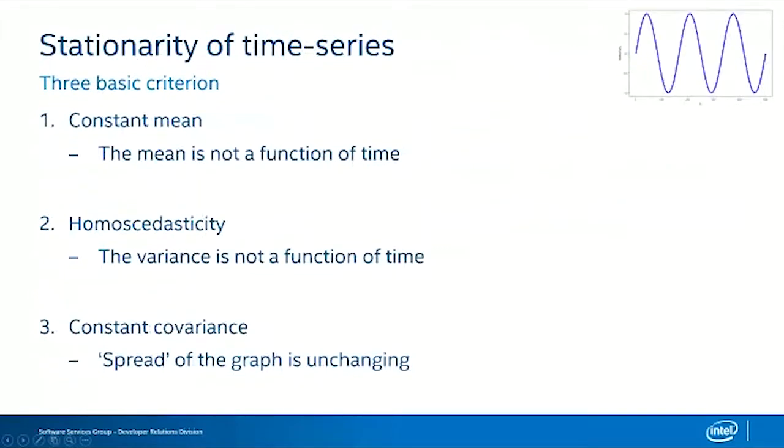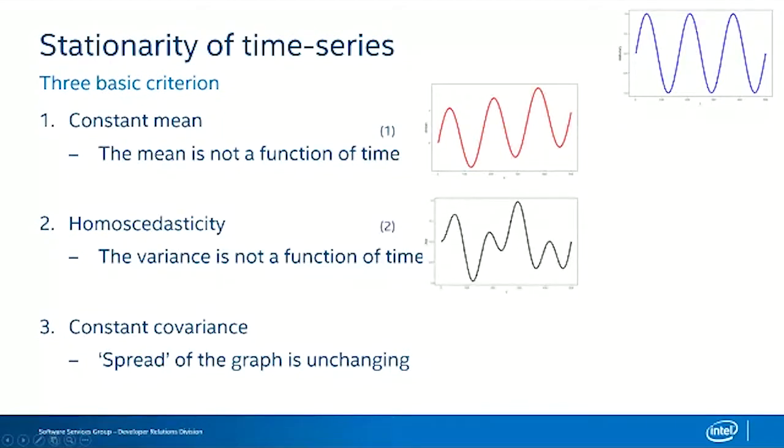So there are basically three criteria when you're trying to do time series analysis. One is you should have a constant mean, right? The mean should not be changing as a function of time. For instance, in this time series, the data is moving and there is an upward trend. The second is homoscedasticity.